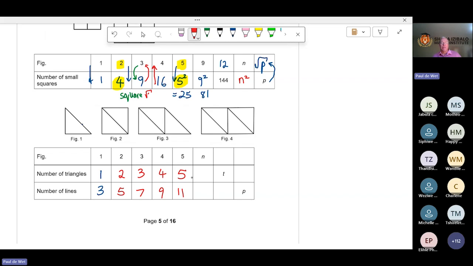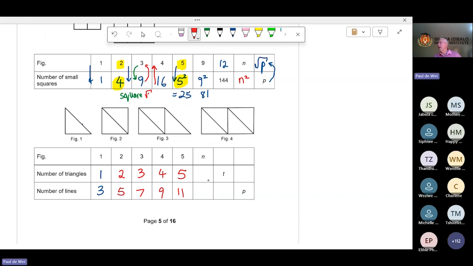So far, we've been good because it's been numbers. Now, if it's figure number n, how many triangles will there be? And you might say, Paul, I don't know what n is. It doesn't matter what n is. What do we notice? Well done.